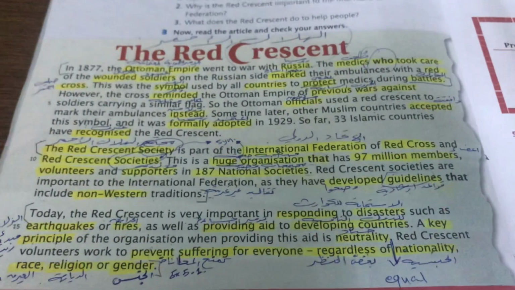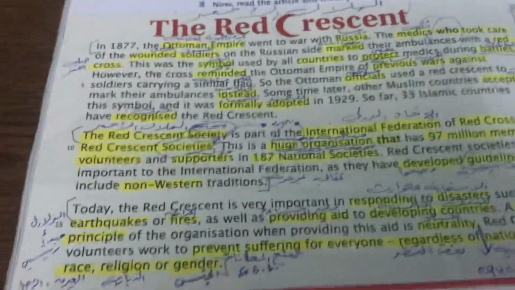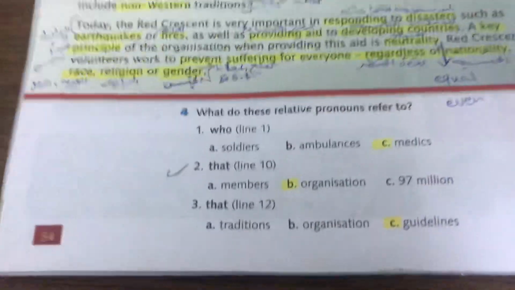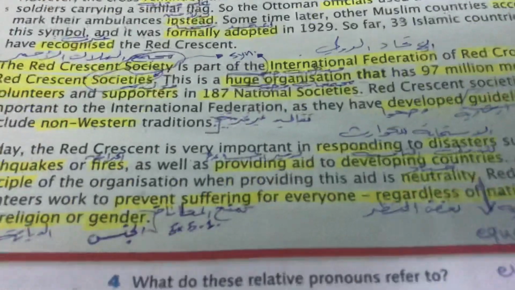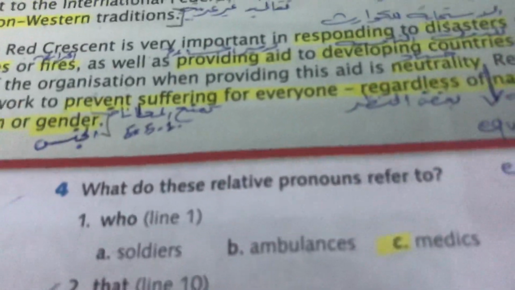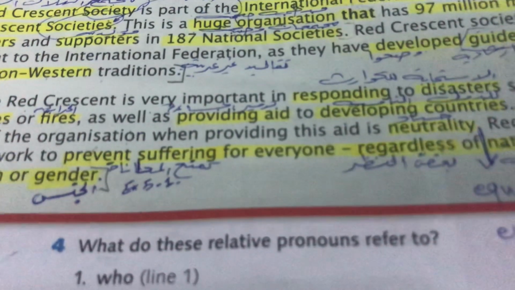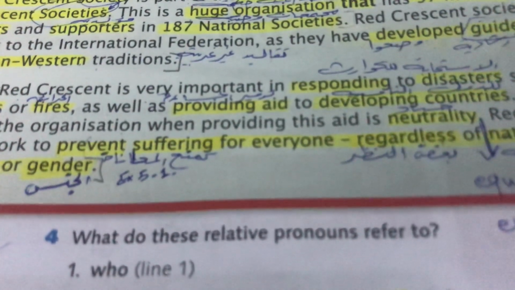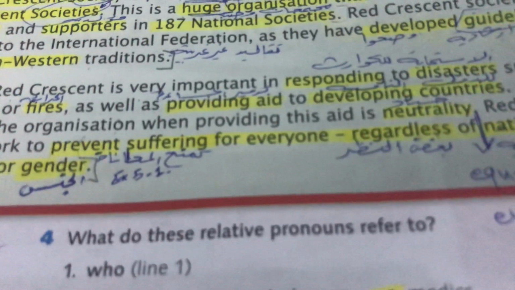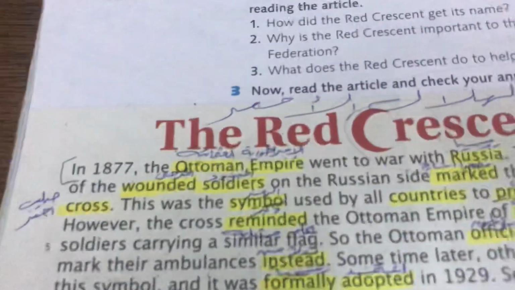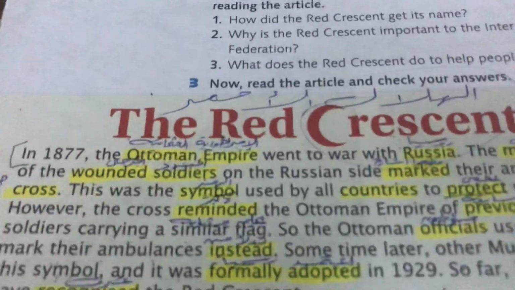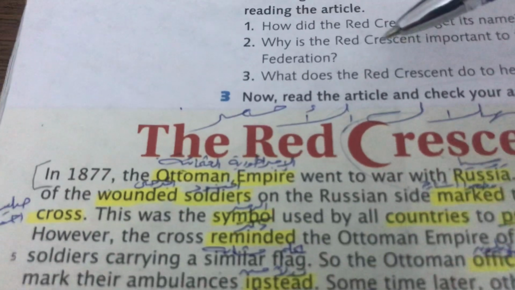تمام. Let's now go to exercise 4 and solve it, and then go to the board in order to sum up our lesson. What do these relative pronouns refer to? Pronoun number 1 is who in line 1. Let's go back to line 1 and see what does this pronoun refer to. Here we are in line 1.